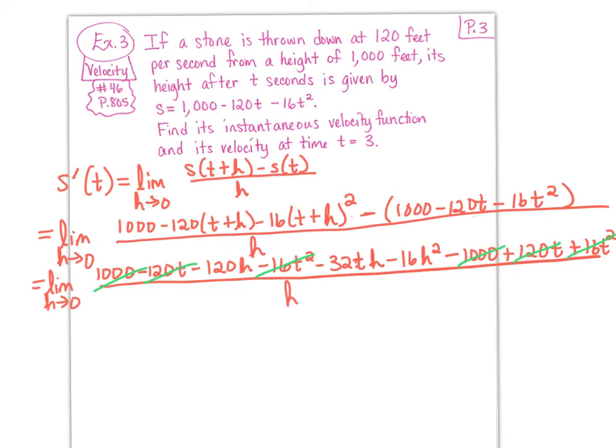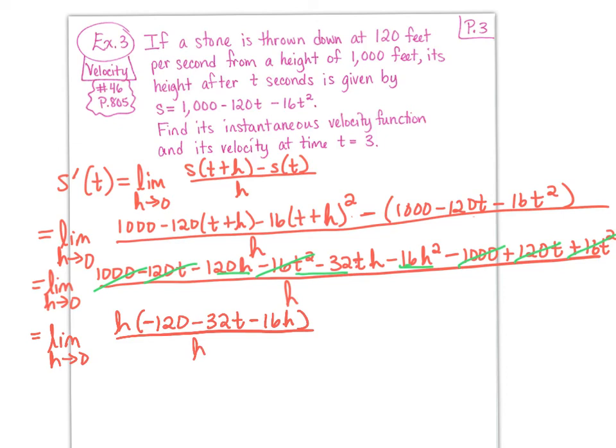I can't hear you. That's good to talk it out, talk and see what's happening out loud, right? They all have an h. Factor it out. So we can write this as the limit as h approaches 0 of h times the quantity negative 120 minus 32t minus 16h all over h.